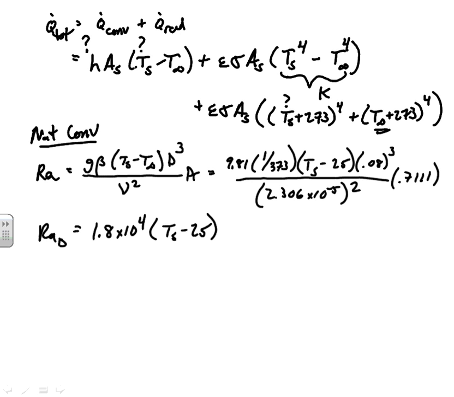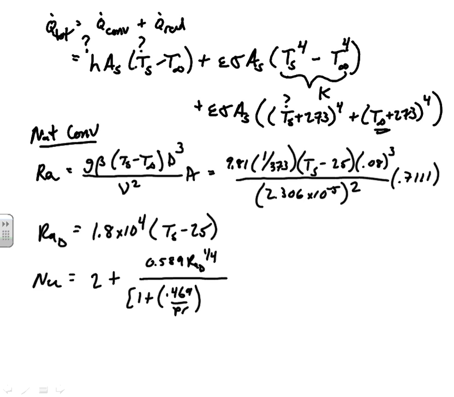Now I can look at the equation for the Nusselt number. From table 9.1 again, that was 2 plus 0.589 times the Rayleigh number to the 1/4, divided by 1 plus 0.469 over the Prandtl number raised to the 9/16, and the whole denominator raised to the 4/9.